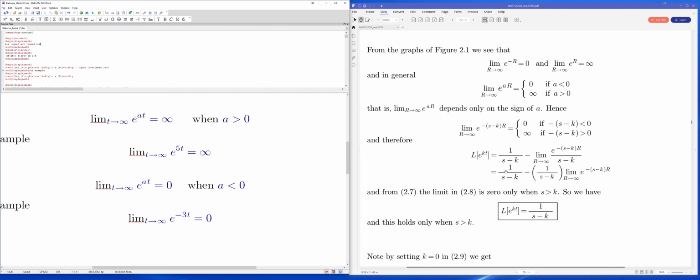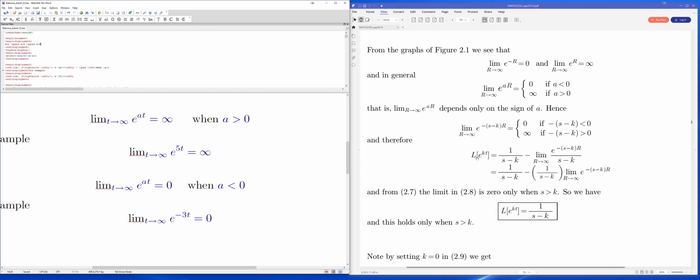So where it does exist is when minus s minus k is less than 0. When minus s minus k is less than 0, this limit works out to be 0, and all I'm left with is 1 on s minus k.